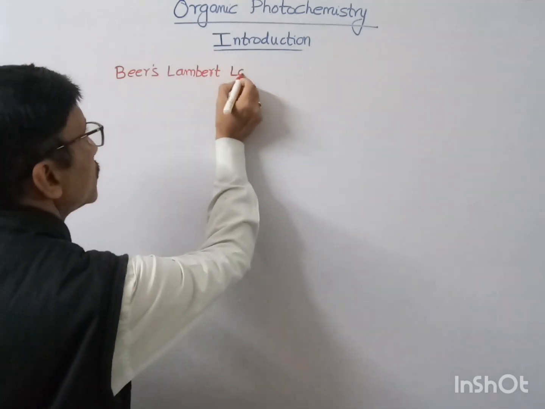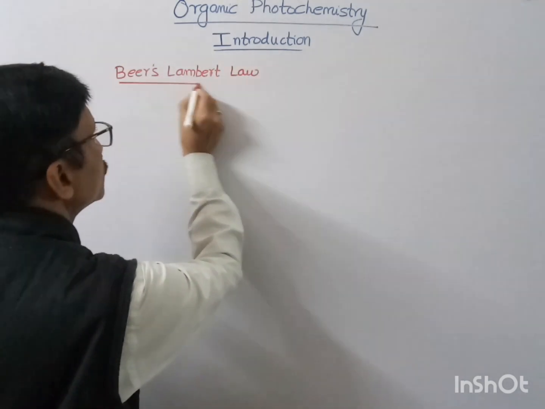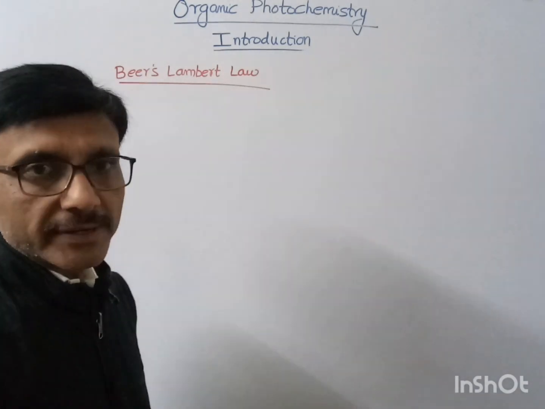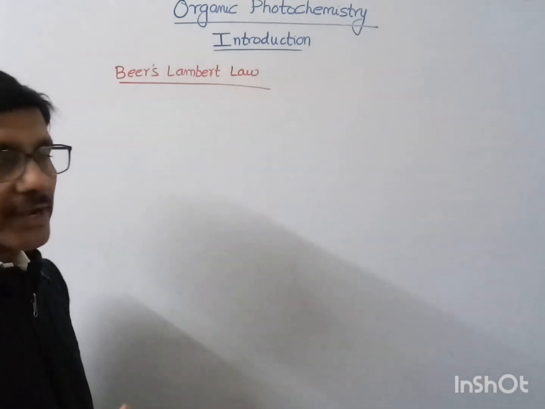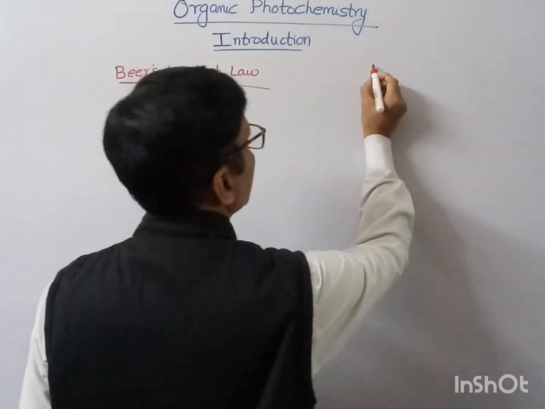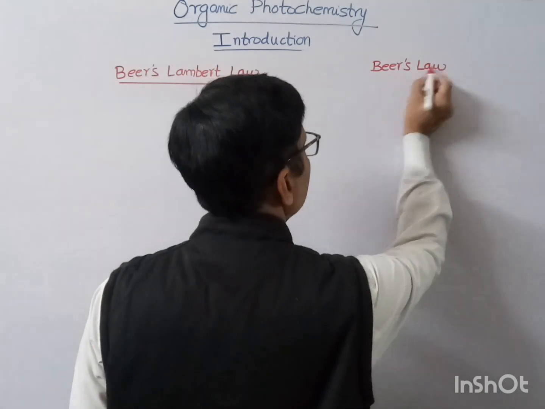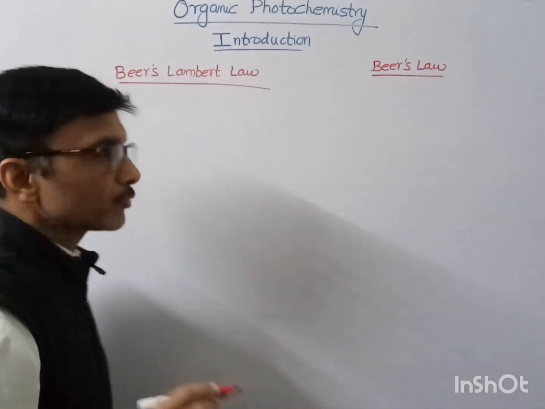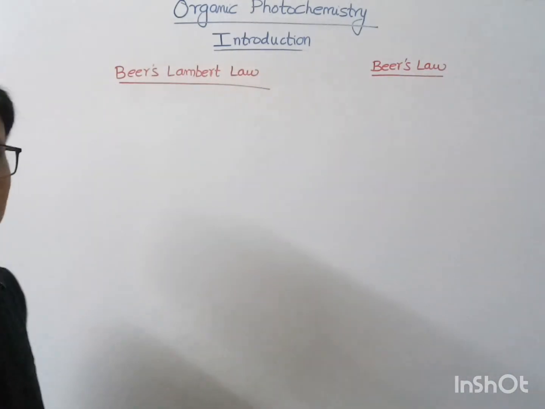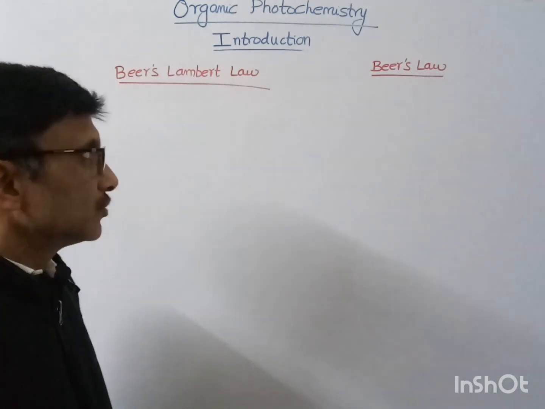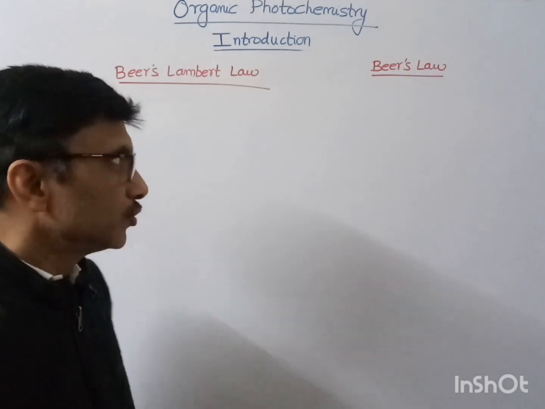According to this law, we can write Beer's and Lambert's law separately, or we can write it in a combined way. Now, suppose we want to find the UV visible spectra of any solution containing a solute.